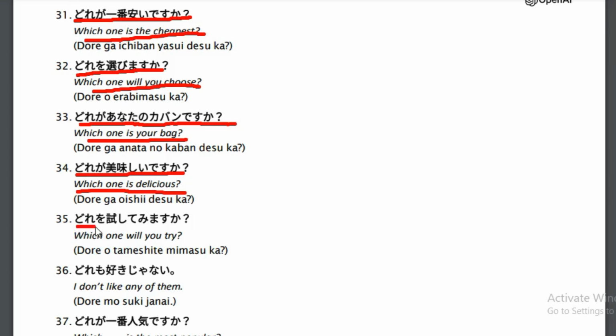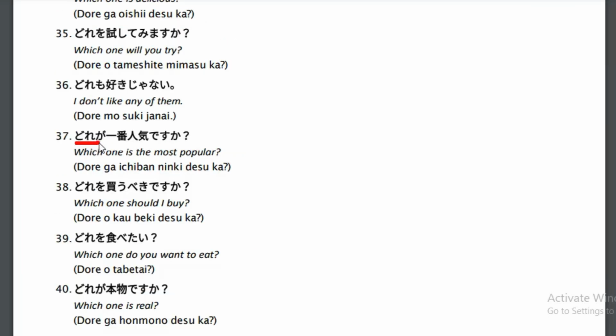Dore o tameshite mimasu ka, which one will you try? Dore mo suki janai, I don't like any of them. Dore ga ichiban ninki desu ka, which one is the most popular? Dore o kau beki desu ka, which one should I buy?